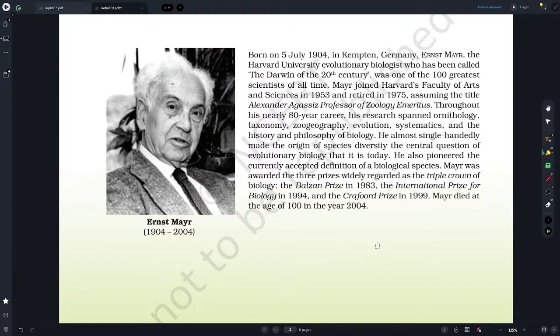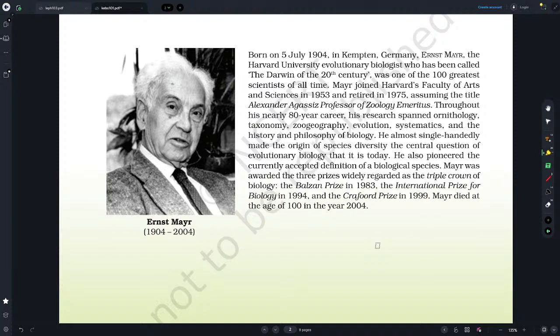Ernst Mayr, I'll just read this. Born on 5 July 1904 in Kempten, Germany, Ernst Mayr, the Harvard University evolutionary biologist who has been called the Darwin of the 20th century, was one of the 100 greatest scientists of all time.